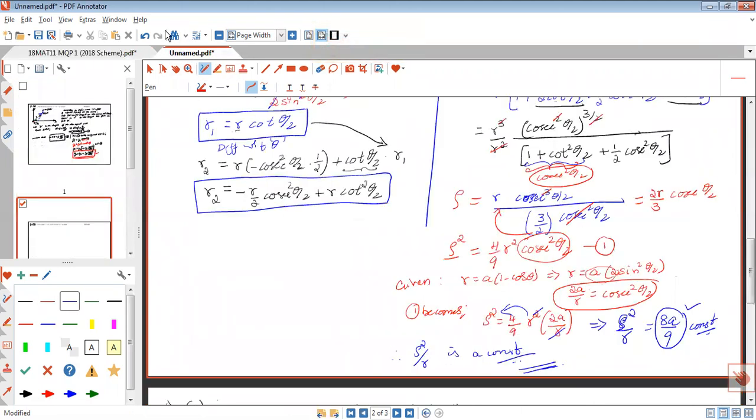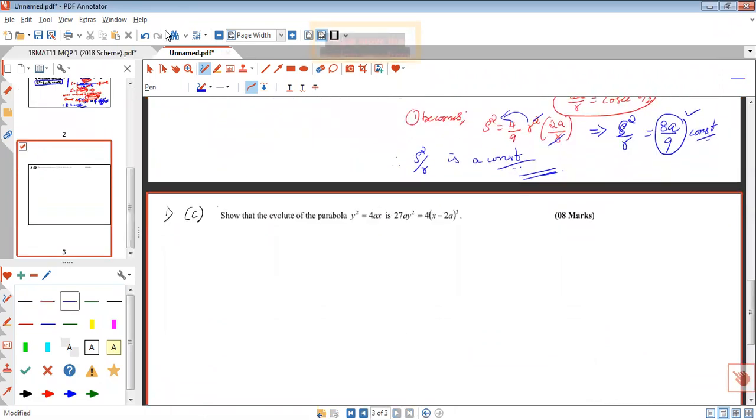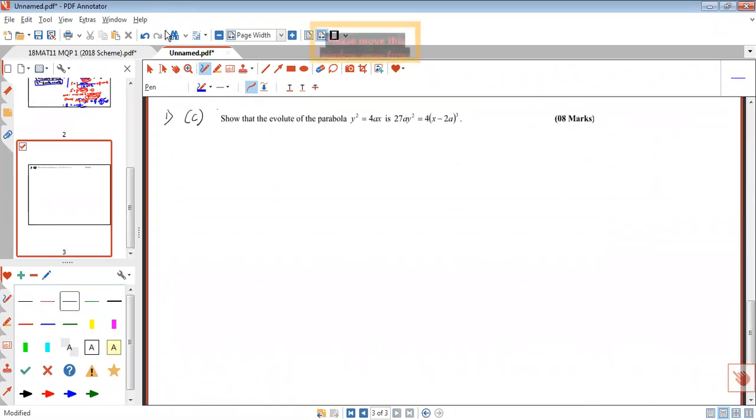Third question. We are proving the evolute of this parabola y square equal to 4ax is 27a y square equal to 4 times x minus 2a the power 3.